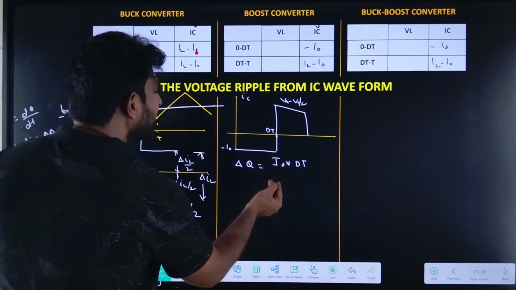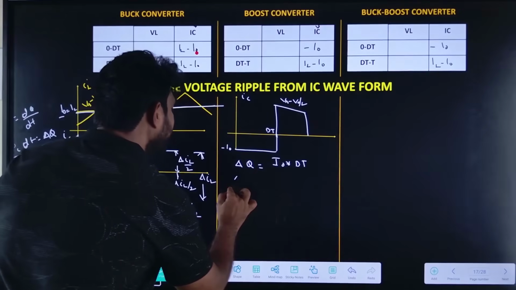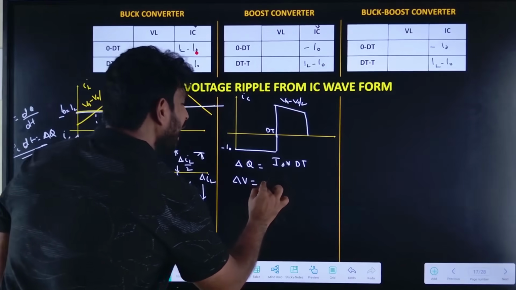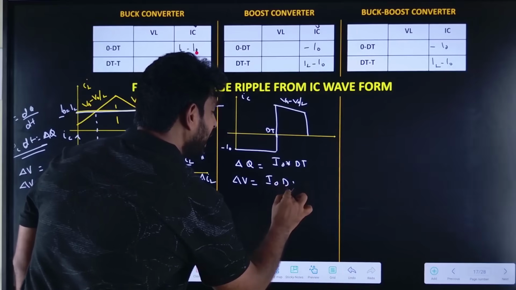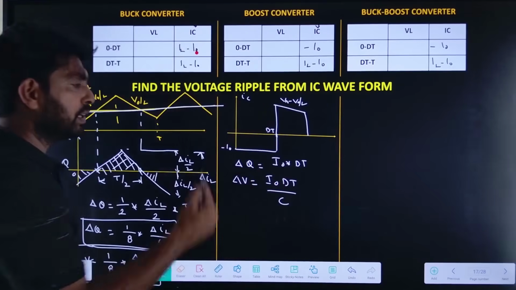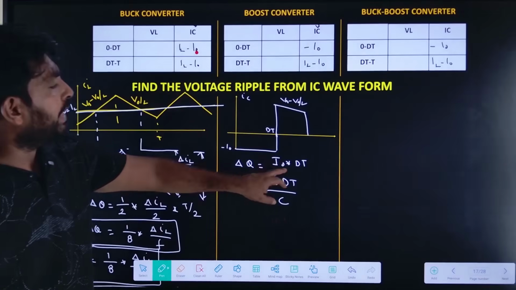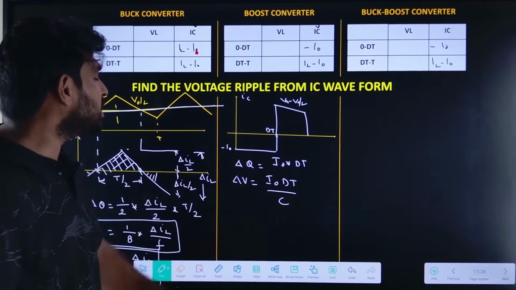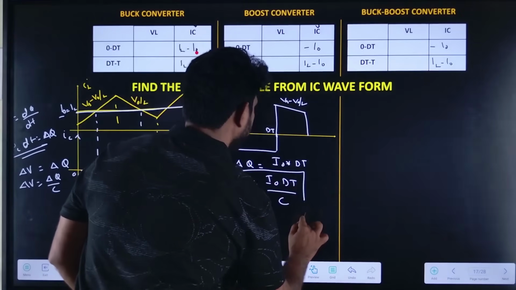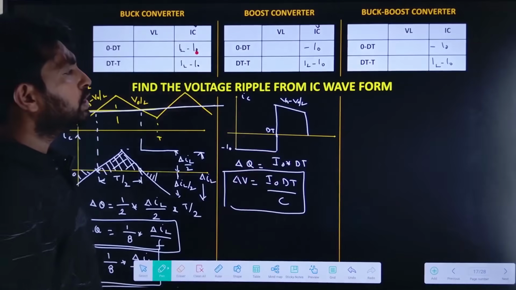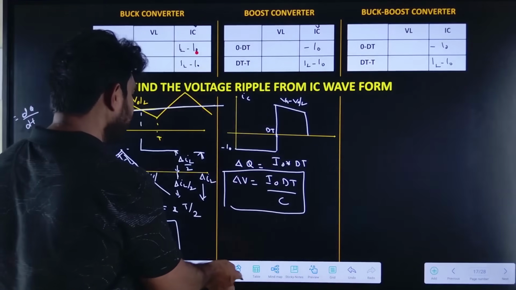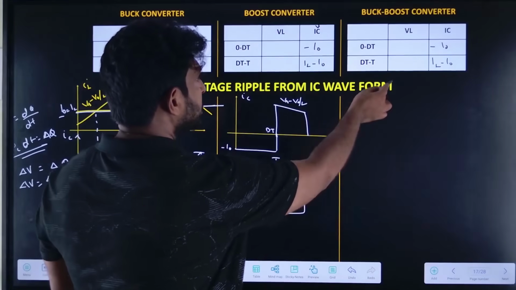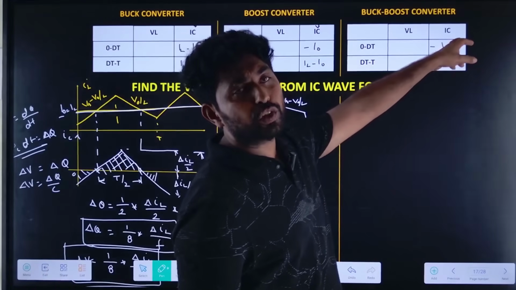So if I find the delta V, what do I need to do? I naught into dt divided by C. Simple. We find the area, so we got the charge divided by capacitance, which is equal to delta V. Similarly, let us find it for this one also.